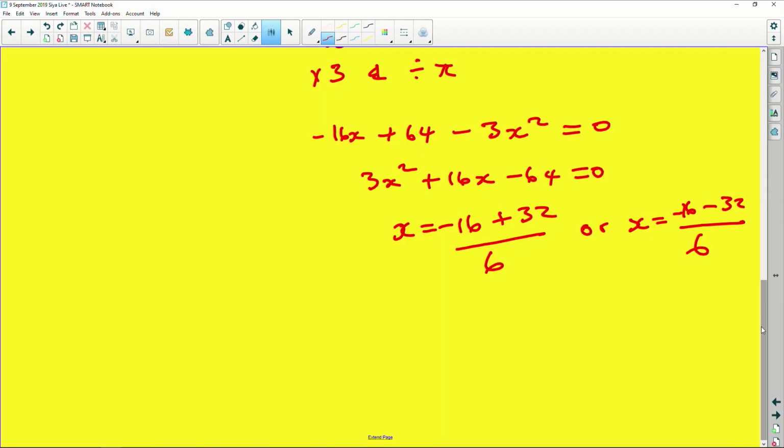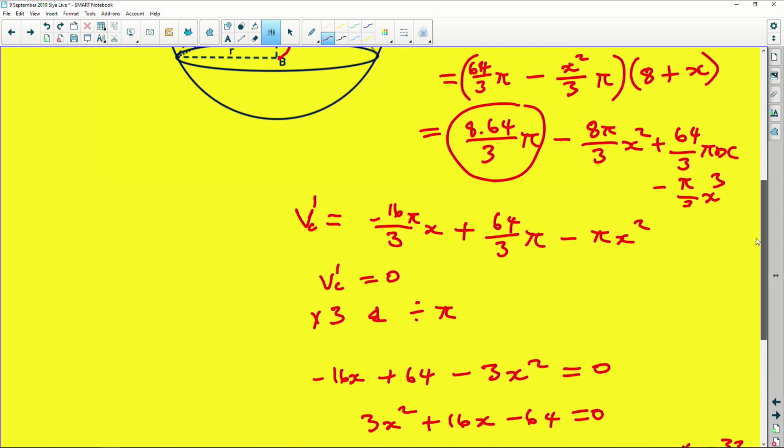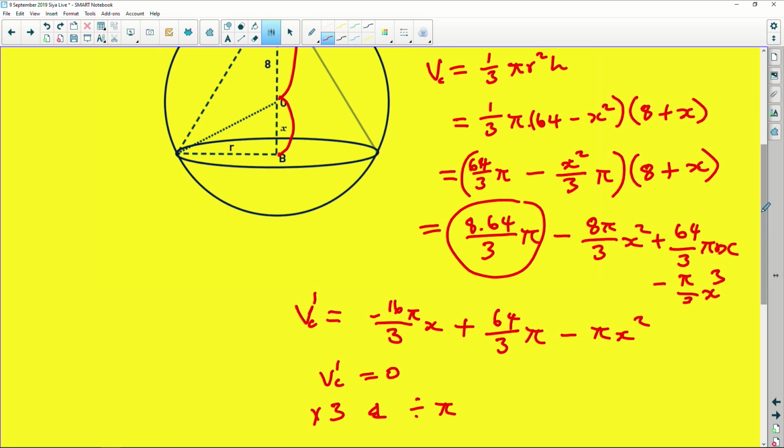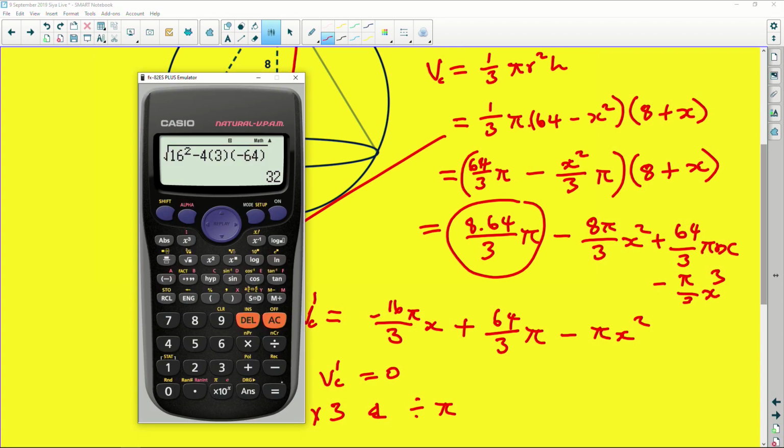So what I will then need to do to complete this question is to substitute this value that I have here into the formula of the volume and then find the ratio. So let's quickly do that and see what exactly we'll be left with. So remember, my volume was that. I said to you it will be negative 16 plus 32 divided by 6, which is equal to 8 over 3, right?